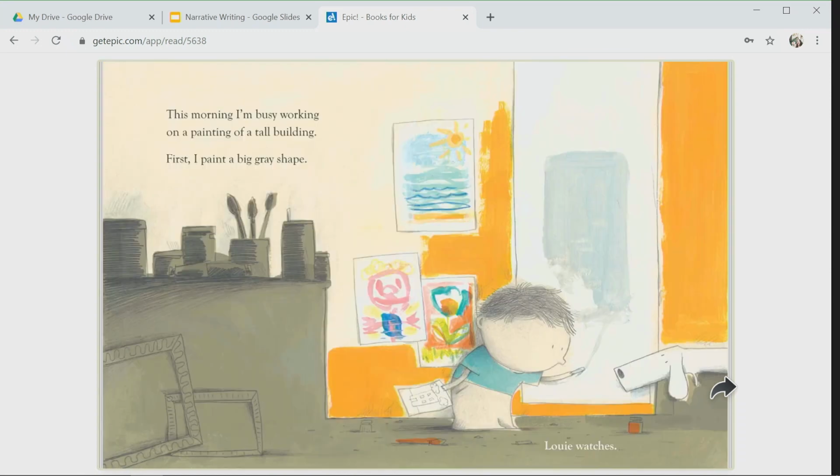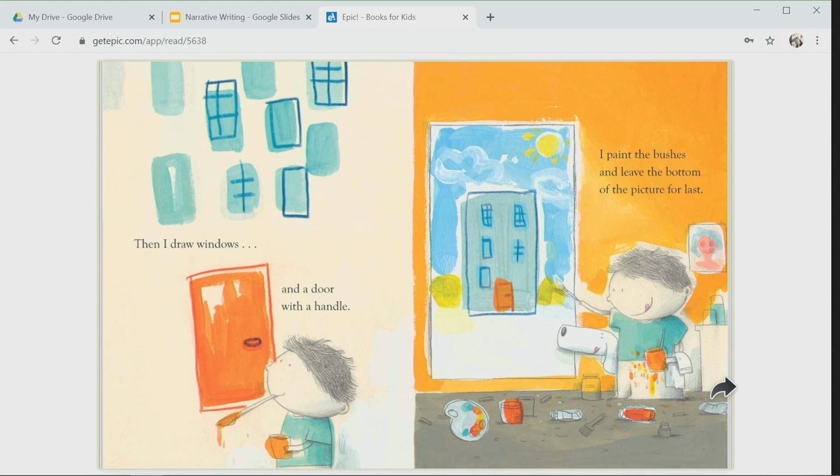This morning, I'm busy working on a painting of a tall building. First, I paint a big gray shape. Louie watches. Then I draw windows and a door with a handle. I paint the bushes and leave the bottom of the picture for last.